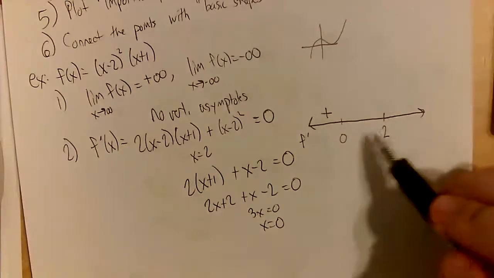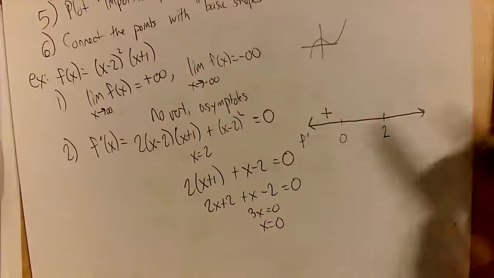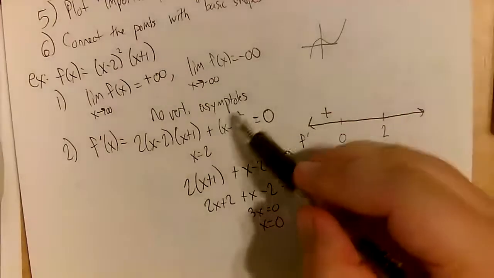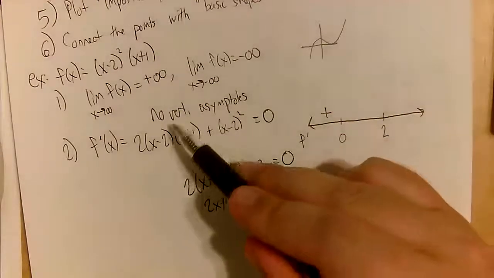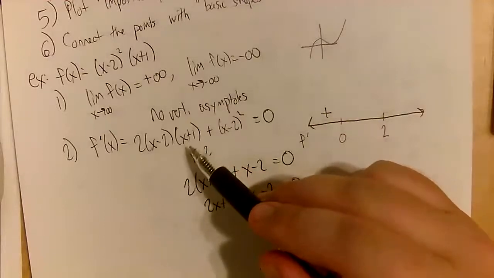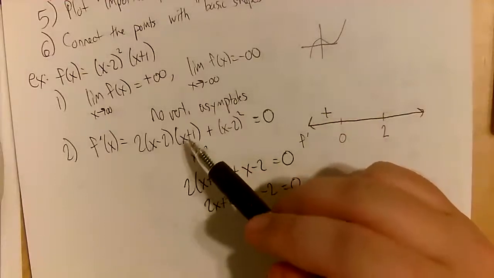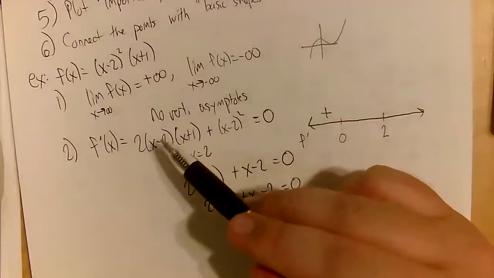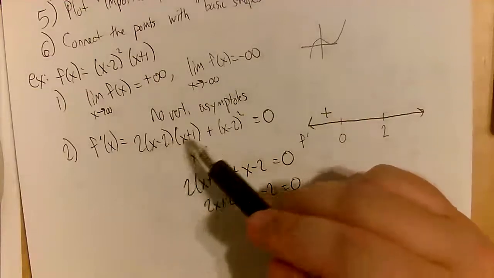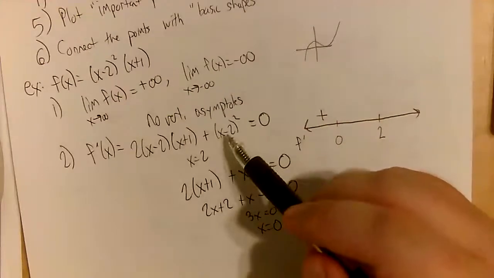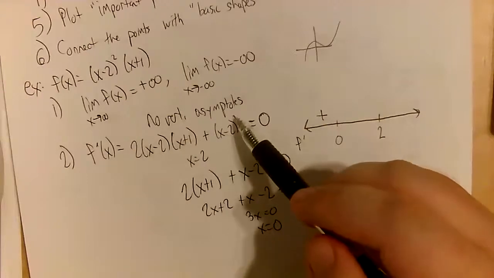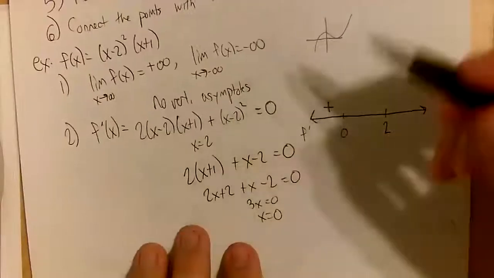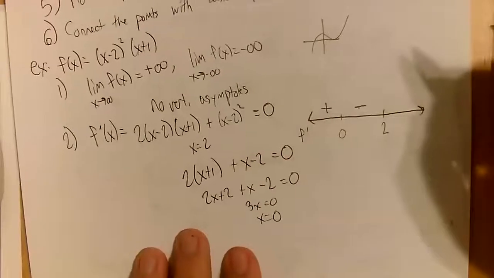All right, I could plug in now something between 0 and 2. Let's say 1. This is actually always going to be positive. So we really just need to look at this part here. So we have 2 times -1 times 2, so that ends up giving us -4. Then we have 1 minus 2 is -1 squared. So -4 and 1 will be -3.